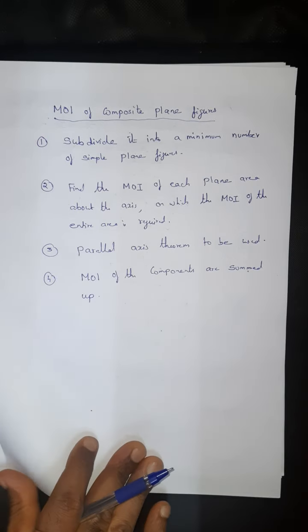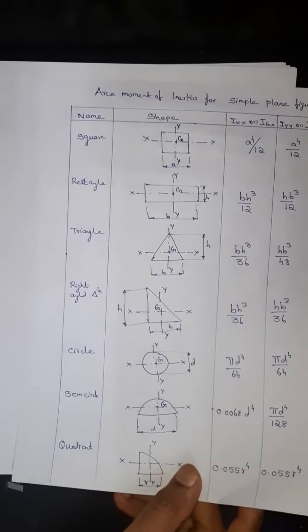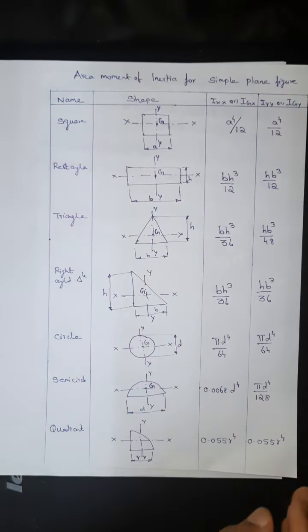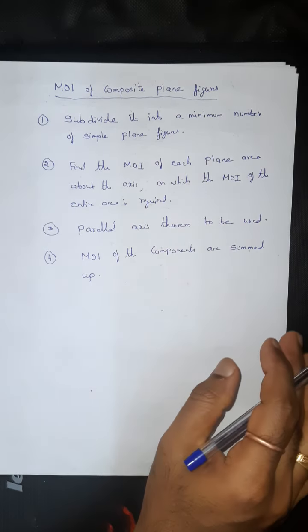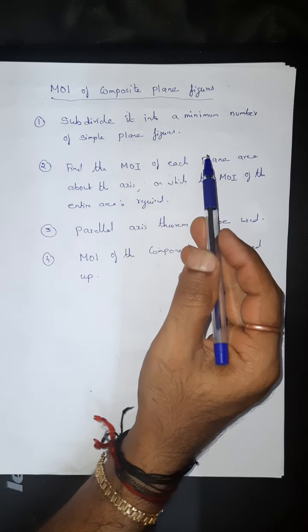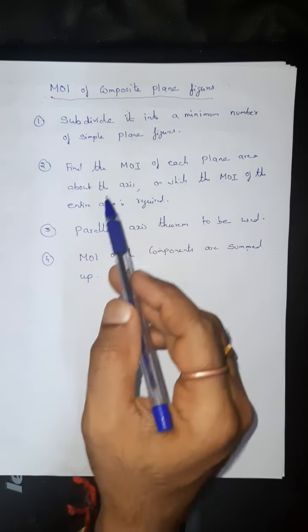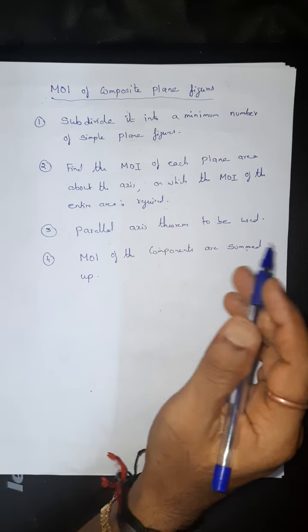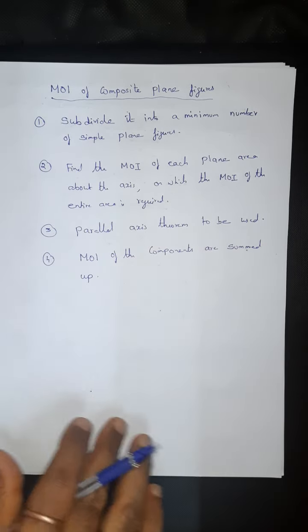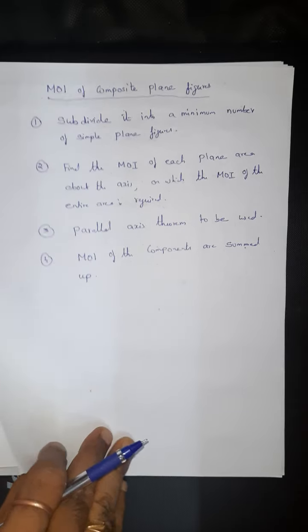So just memorize the formulas of the 7 simple plane figures, then how to follow to solve the problems. If it is a composite plane figure, then these are the things you have to keep in mind. It needs to be subdivided into a minimum number of plane figures. Then the moment of inertia of the plane figure about the axis, that is the formula which I have given here, isn't it?